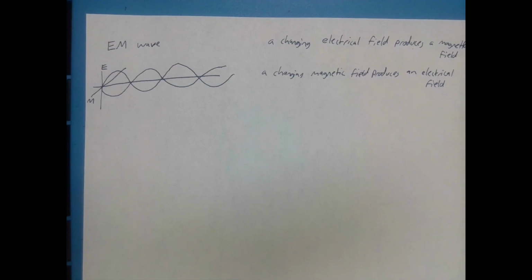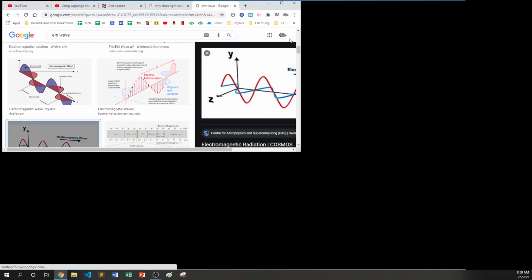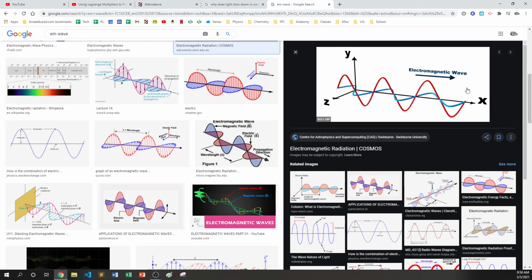Let's see if I can get a picture. And they're at 90 degrees from each other. It's hard for me to draw in 3D, but we see that going up in the vertical axis, we have an electrical field, and then at 90 degrees offset of it is this magnetic field.